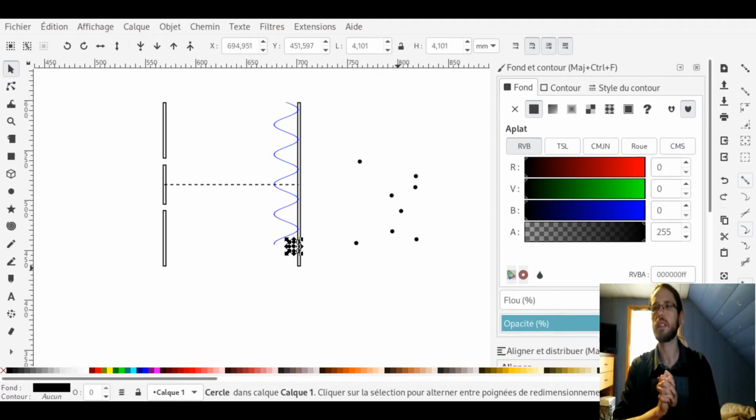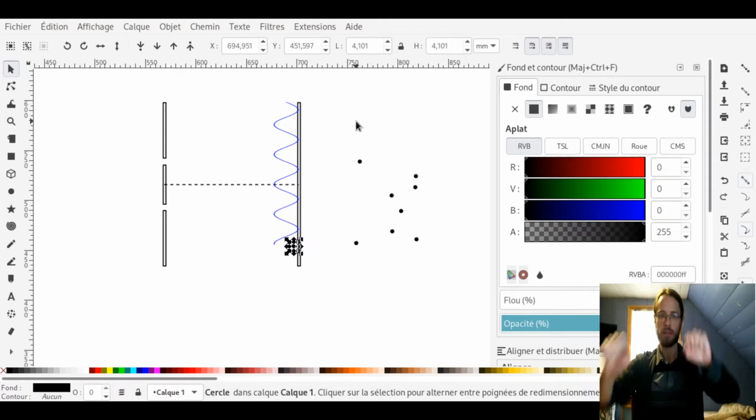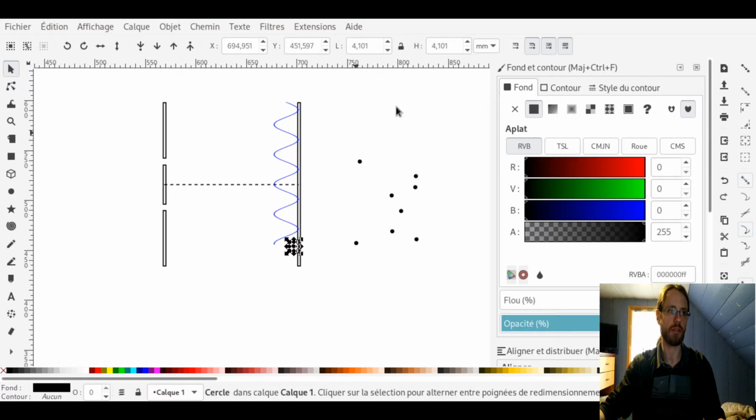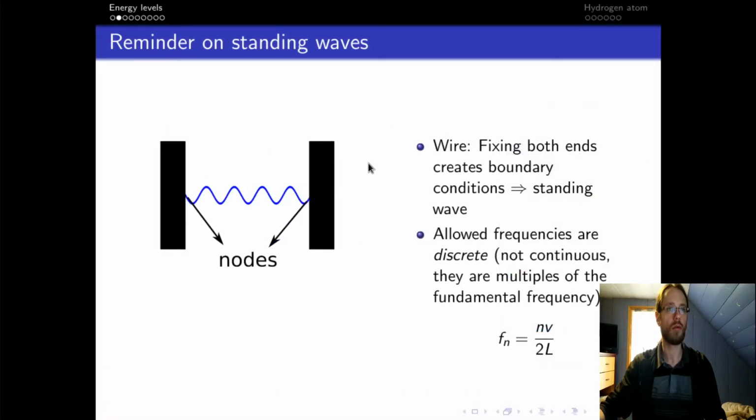And then we took a look at, if I focus on a wire, a specific case where both ends were tied to a wall, they were fixed so that they could not move at all. And we call these locations nodes.